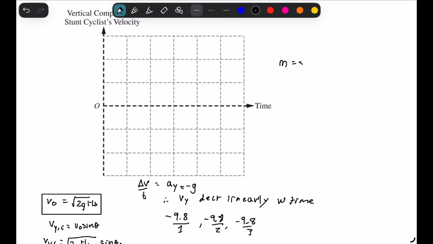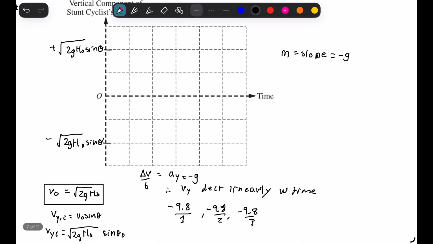So our slope will equal negative g, starting at positive root 2gh initial sine theta, and it's going to end at negative root 2gh initial sine theta. So that is our slope.